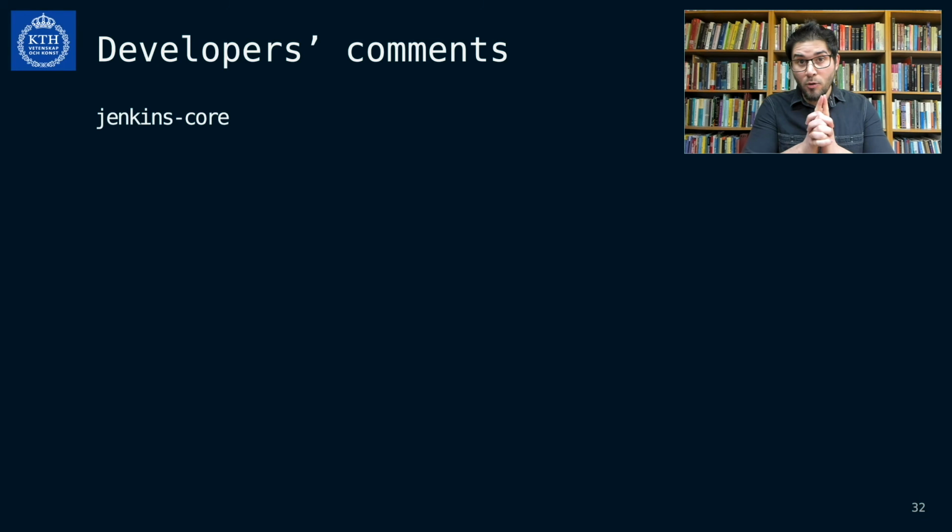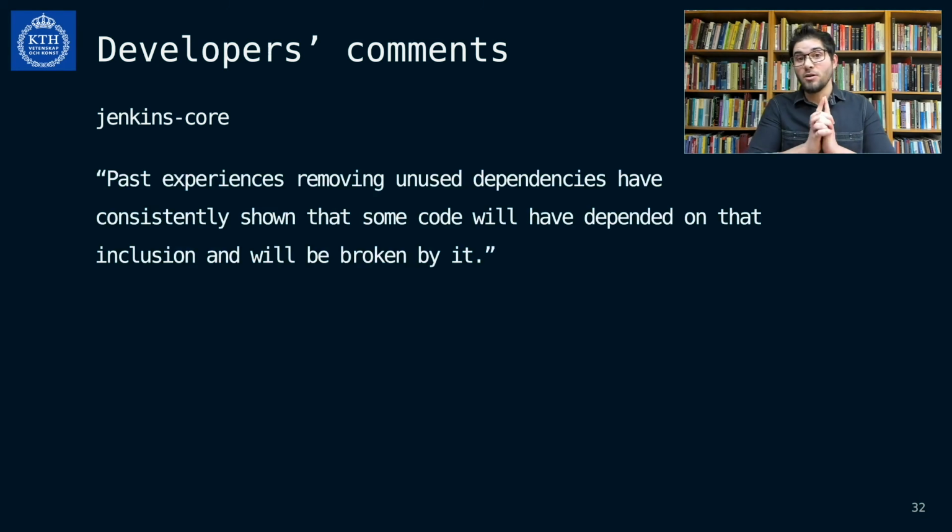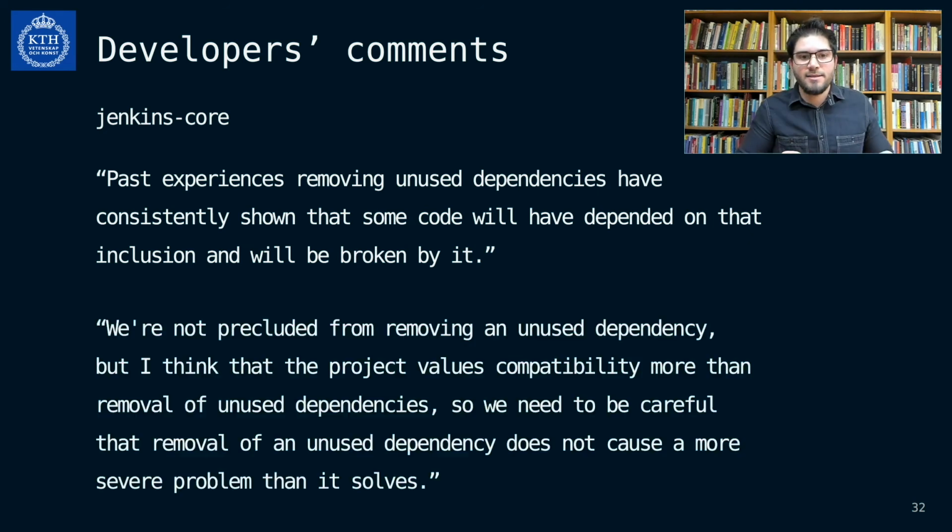With respect to the bloated dependencies in Jenkins core, developers were reluctant to remove them. They say that past experiences removing unused dependencies have broken some clients. They agree that these dependencies are not used, but they don't want to remove them for compatibility reasons.